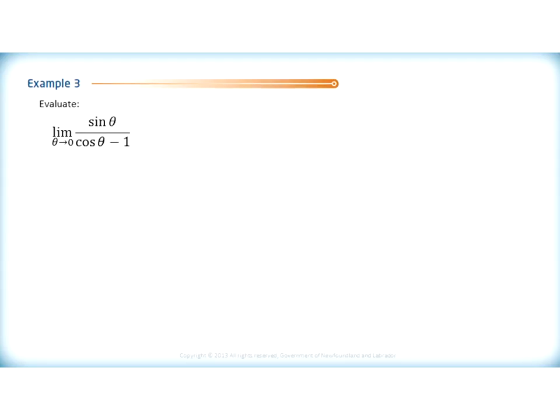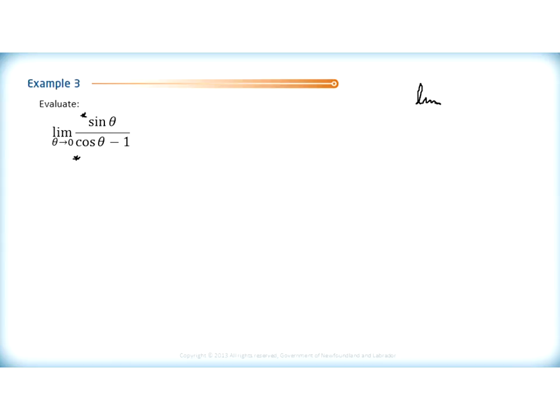Okay, this looks like it's got a little more fun to it. So we have the limit as theta approaches 0 of sine theta over cosine theta minus 1. Now, what we do here is we should recognize that both my numerator and my denominator look a lot like some other limits that I had.